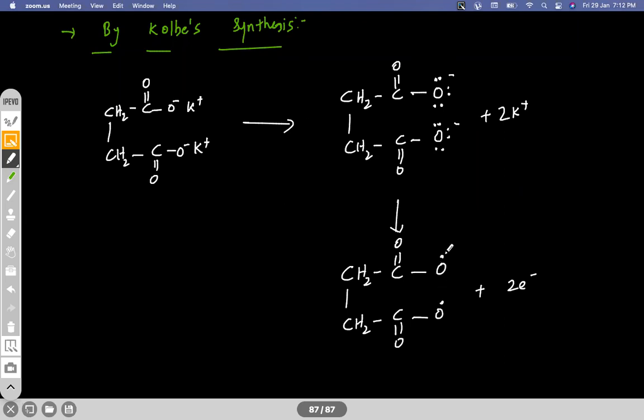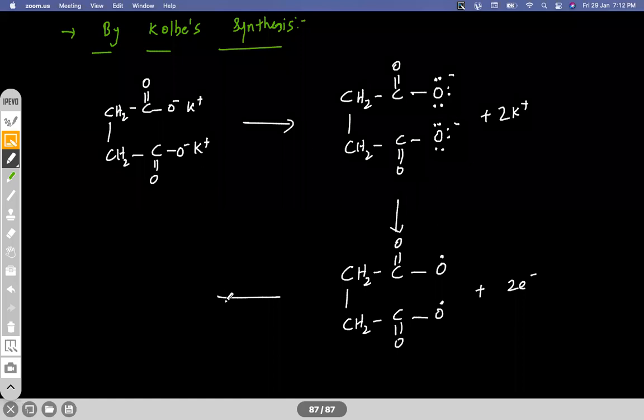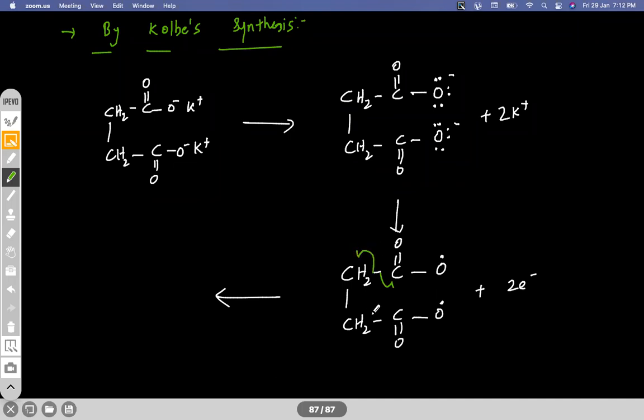So we get 2 radicals here, odd electrons here. And then from this, what happens? There is homolysis between the CH2 and the carbonyl group, the COO group. In homolysis, one electron of the bond is taken up by this carbon and another one is taken up by this carbon. Same thing happens over here.